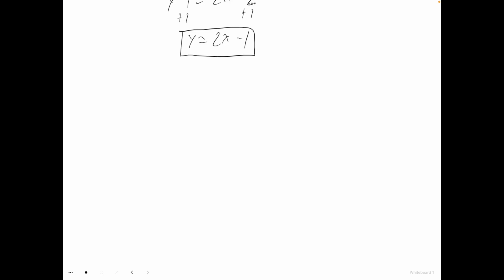Now, the slope of the tangent line is sometimes called the slope of the curve at that point, which is what we talked about before.